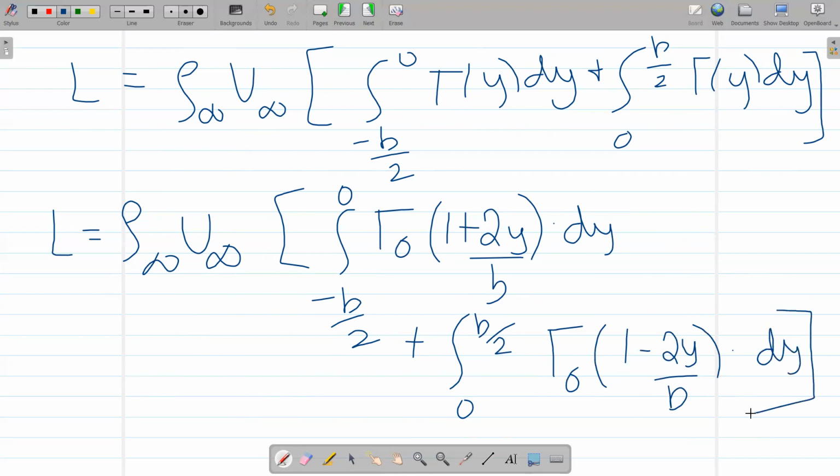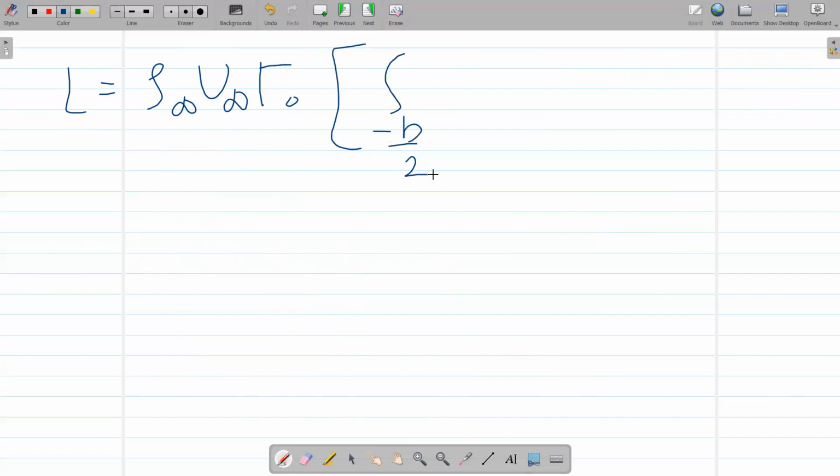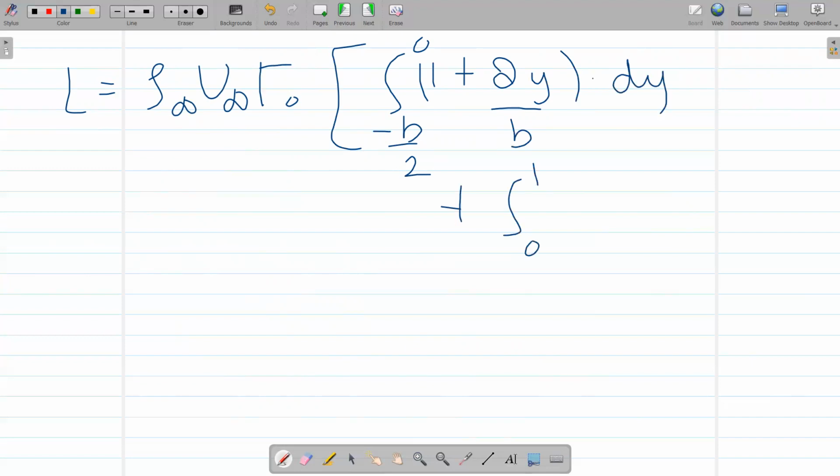Out of this, I can take gamma naught common from both, it's a constant, right? So let me rewrite it as L equals rho infinity u infinity gamma naught into the integral from minus b by 2 to 0 of 1 plus 2y by b dy, plus the integral from 0 to b by 2 of 1 minus 2y by b dy.